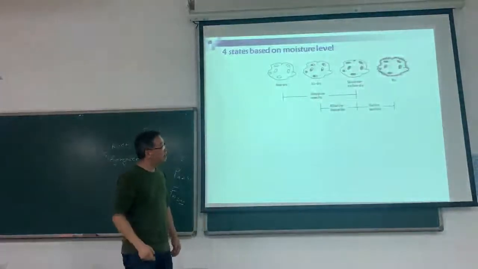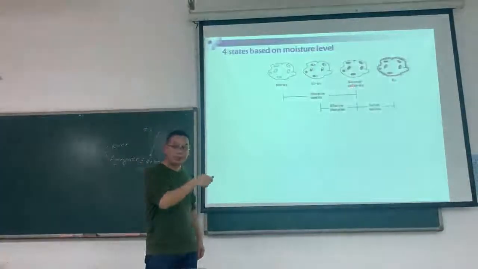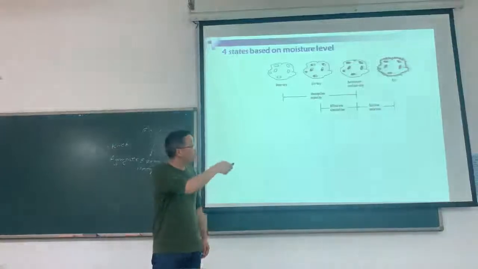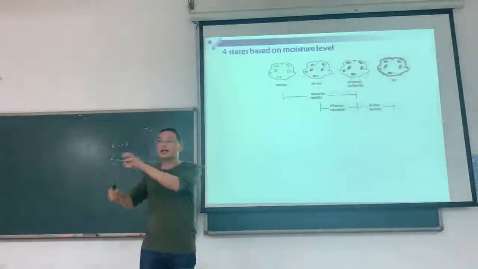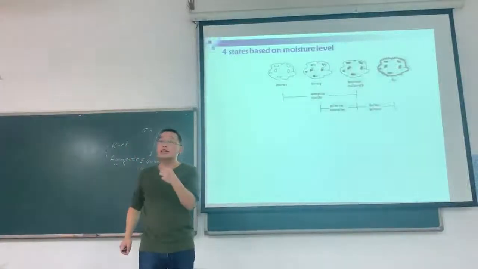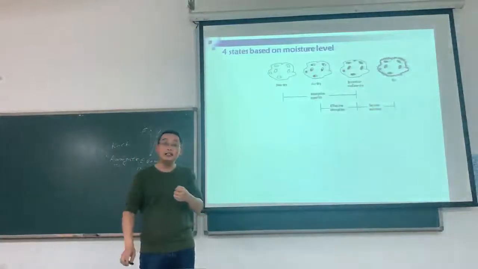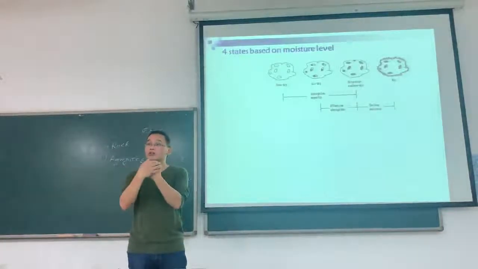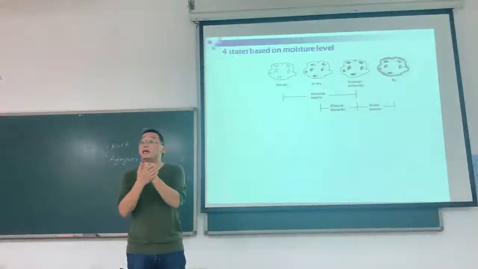And then, how can we get this state? Saturated surface dry. From this one, we can get the aggregate from outside, inside. And then, maybe we can use the towel to dry the surface.